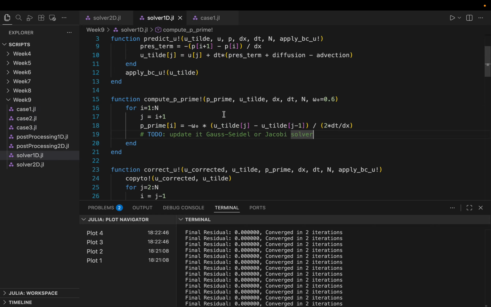Now I can also alter this relaxation factor. I kept 0.6 here, and let's say I make it 1.2 or something and see what happens. What we are doing now is increasing the relaxation factor.